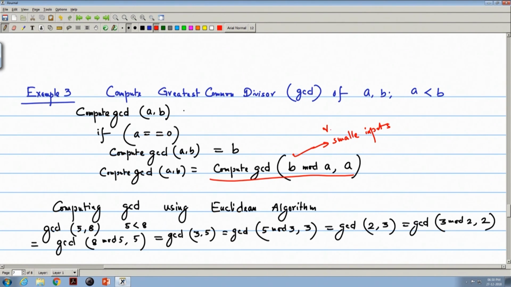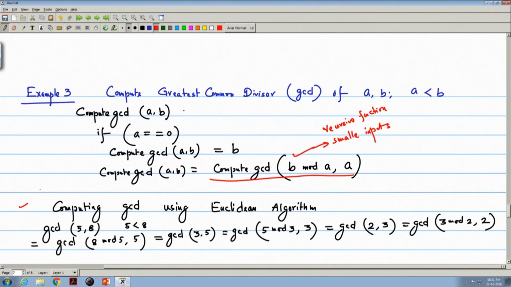This is my recursive function with smaller inputs. So, we can compute GCD recursively.